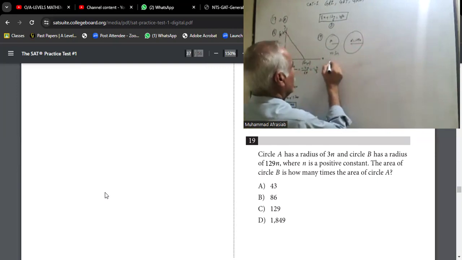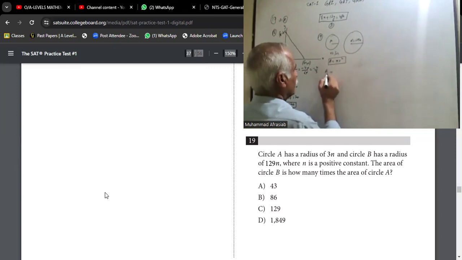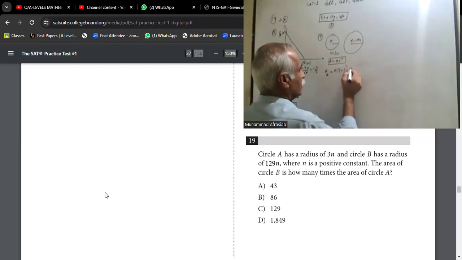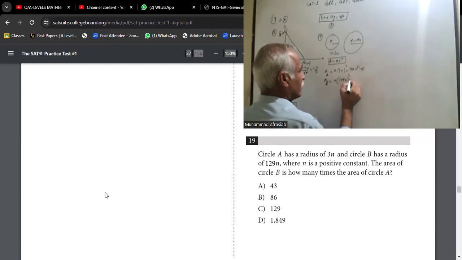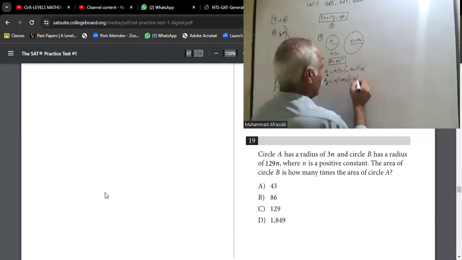Since the area formula is pi r square, the area of A is equal to pi into 3n whole square, that is equal to 9 pi n square. And for the area of B, pi into 129n whole square, which is equal to pi into 129 square into n square.